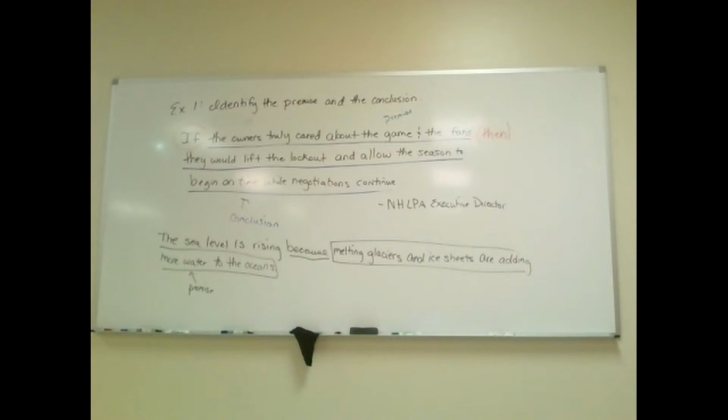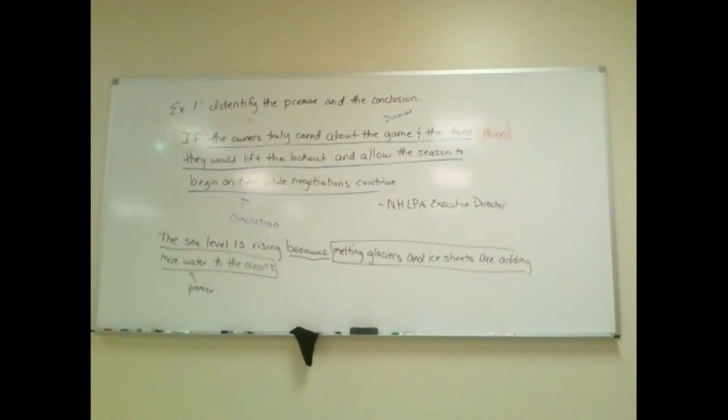All right, there we go. Okay, so this is what it looks like in the book. Let me see if I can zoom in any more. I wish I could. As you can see where it says premise indicators, the third one down is "because."